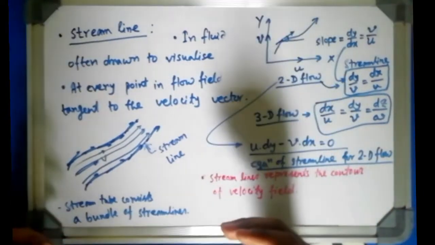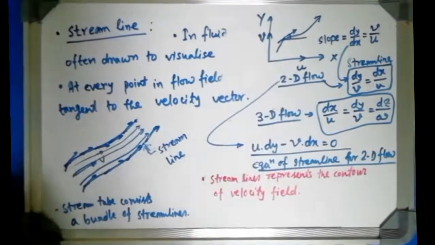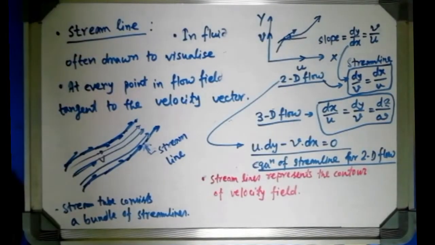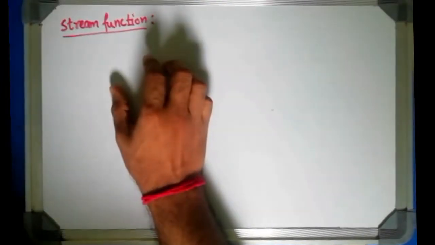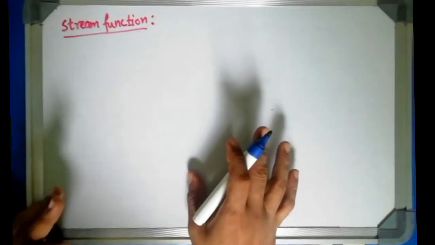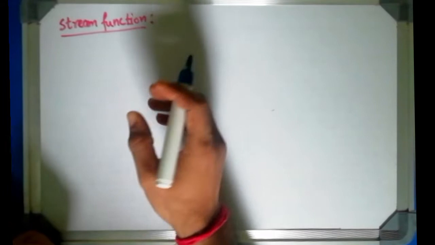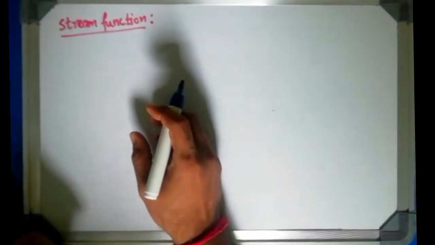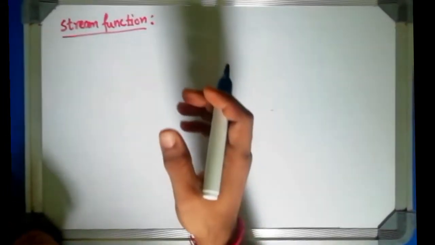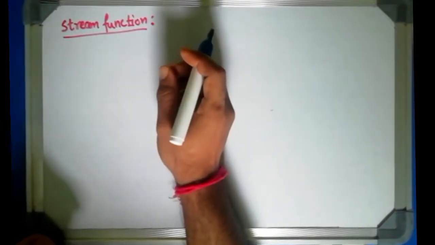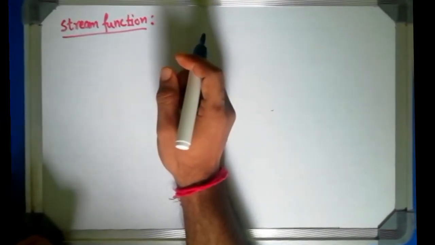Now we are going to start the topic of stream function. We are concentrating on incompressible flow first, because we are going to use the stream function on ideal fluid flow, and we know that an ideal fluid should be considered incompressible and non-viscous.